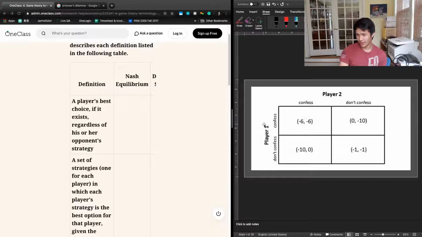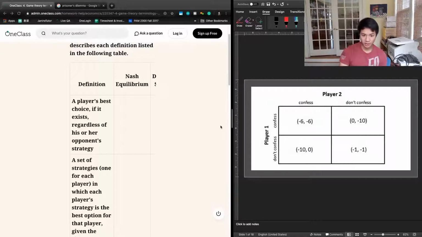However, if one player confesses and the other player doesn't confess, like in this square or this square, then the player who confesses gets no time in jail, and the player who doesn't confess gets 10 years in jail, because he basically gets thrown under the bus. And finally, the best strategy is if they both choose to remain silent, they get 1 year in jail for pleading to a smaller crime. And so that is going to be the best opportunity for them.